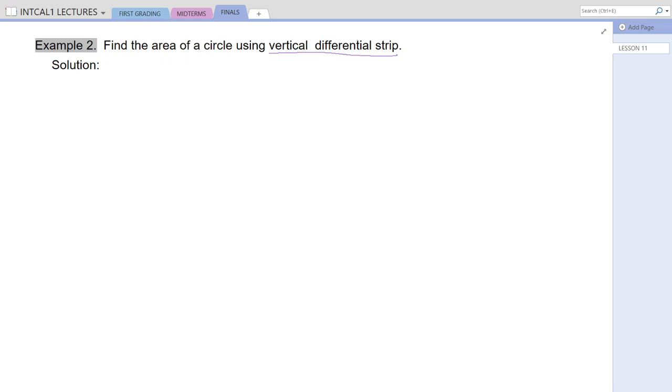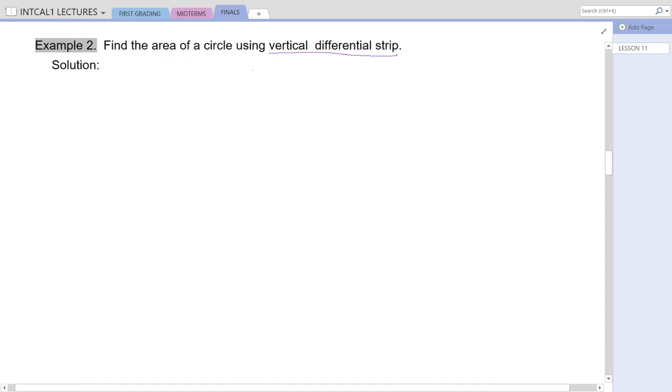Having this one, of course, we all know that the standard form for a circle is x minus h squared plus y minus k squared equals r squared, where r there is the radius of the circle, and the center here is at (h, k).